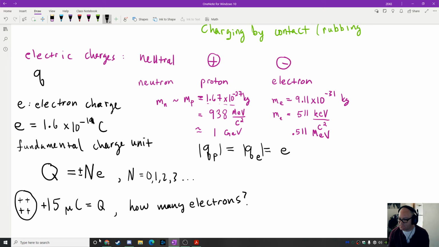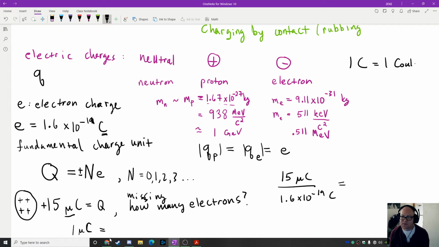I'm sorry, I said it but I didn't write it down. 1 C equals 1 coulomb, spelled like this, named after a French scientist. So what's 1 microcoulomb? How many coulombs is that? 10 to the negative 6. Yep.